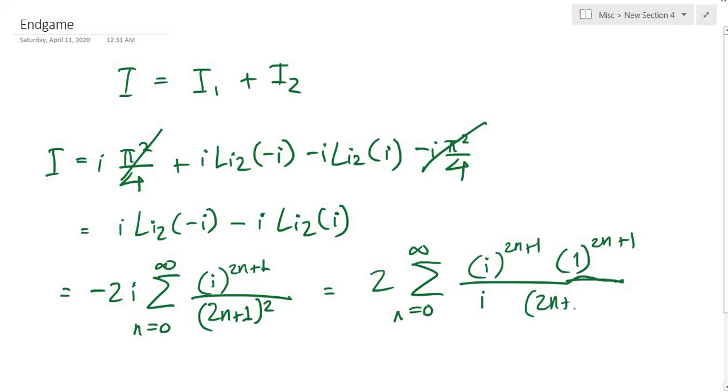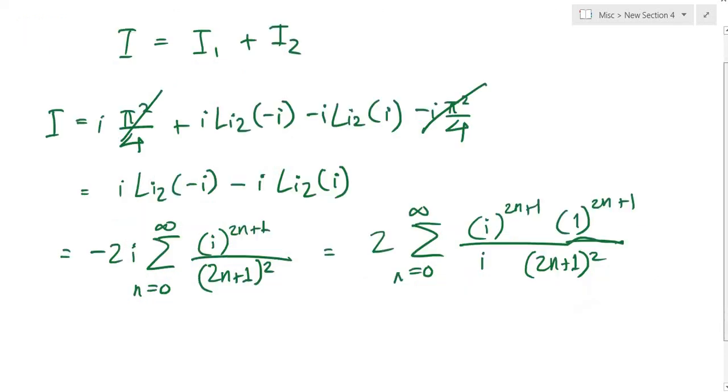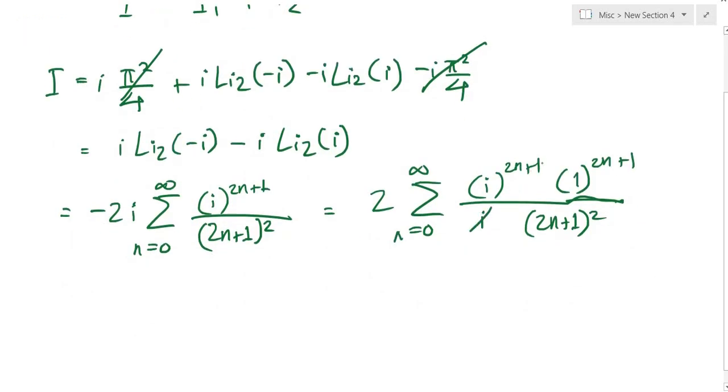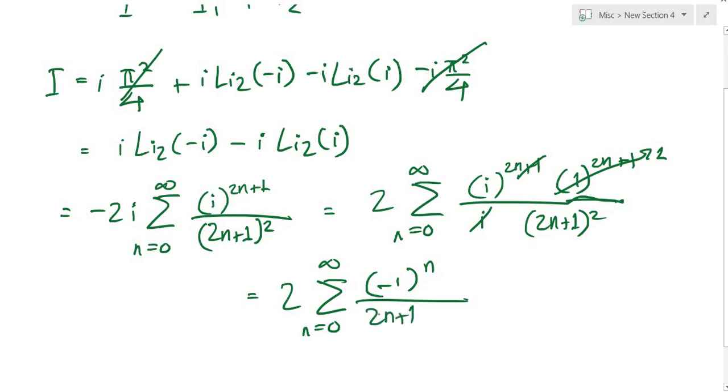We always have a 2n plus 1, the whole thing squared over here. So now one of these i's is going to cancel out, and we have i squared raised to n. And what's i squared? It's negative 1, right? So we have 2 times the sum from n equals 0 to infinity. 1 raised to any power is just 1. We're going to be having negative 1 to the n power divided by 2n plus 1, the whole thing squared.